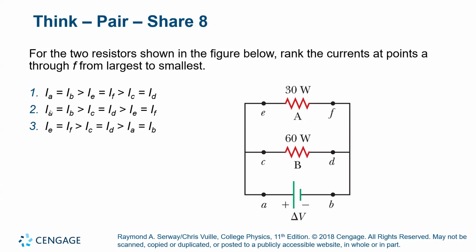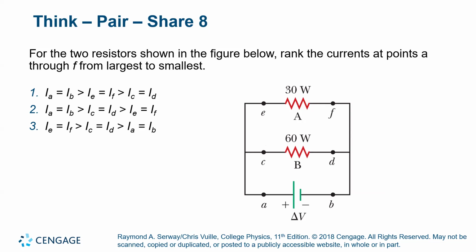Now, IA is going to be split between 60 and 30. Which resistor is going to allow the largest flow of current through it? Isn't it going to be the smallest resistor? It's going to give the least amount of resistance, friction. So the current E is going to be the larger of the 2 currents, E and C. Between those 2, E is the larger. It's actually twice as large.